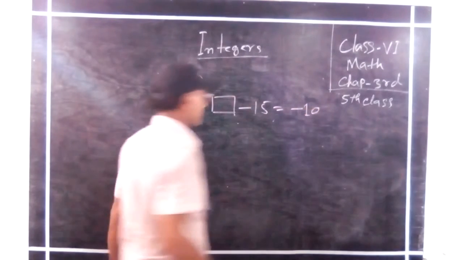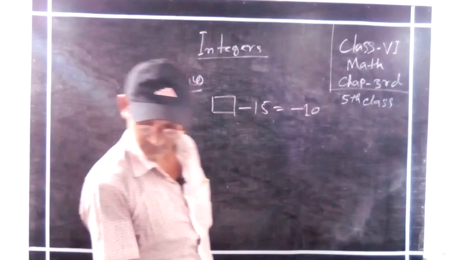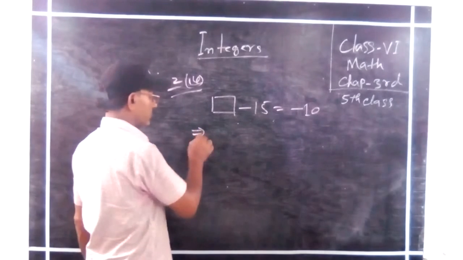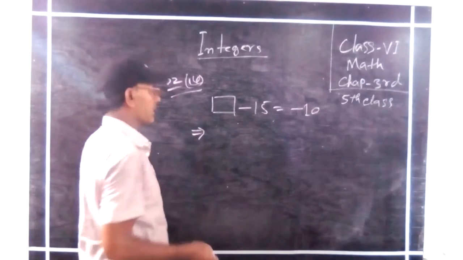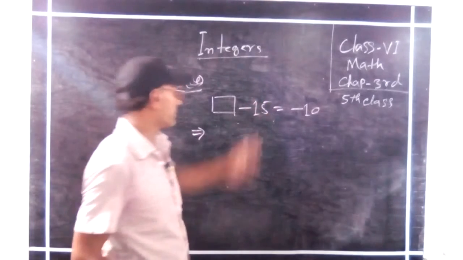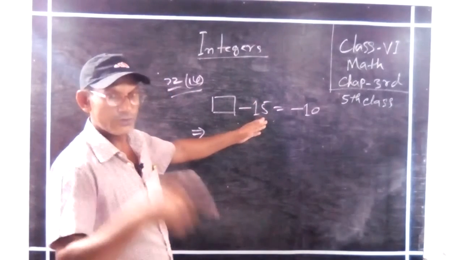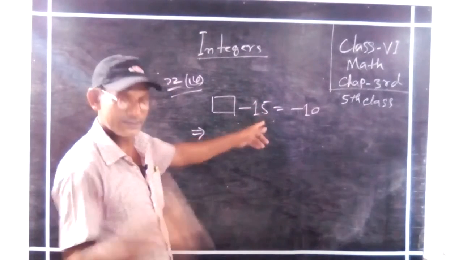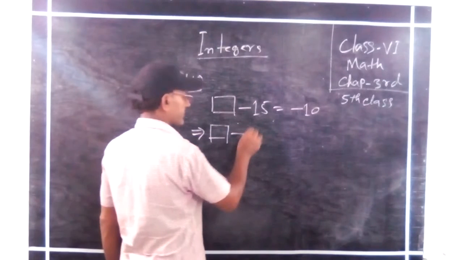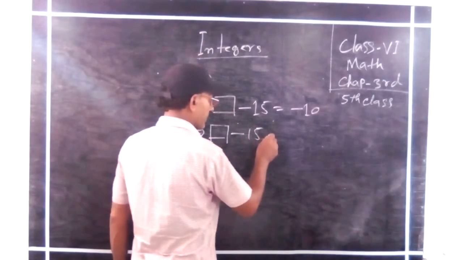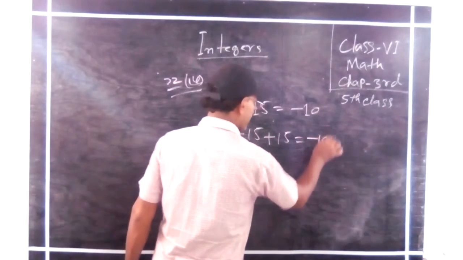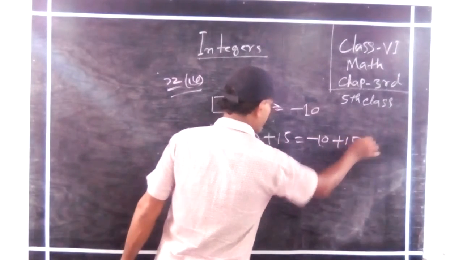That is our sum. So we can use the opposite number of minus 15. So empty cell minus 15 plus 15 equal to minus 10 plus 15.